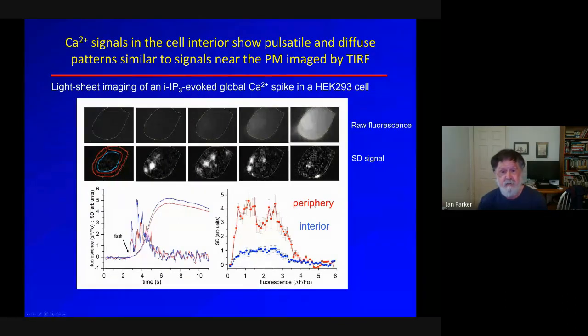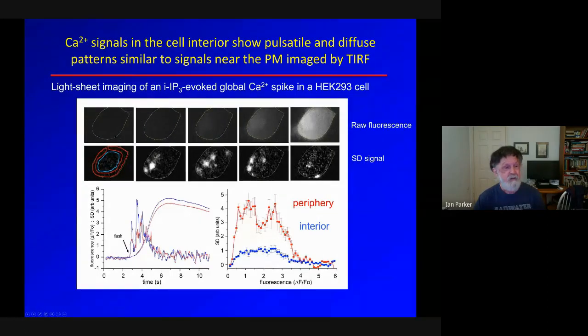The puff sites in the cell interior show very much the same behavior as those on the periphery around the cell membrane. So in these traces, again, plotting SD signal, puff activity, and global calcium rise, the blue signals were recorded from a region of interest in the cell interior, the red around the periphery.